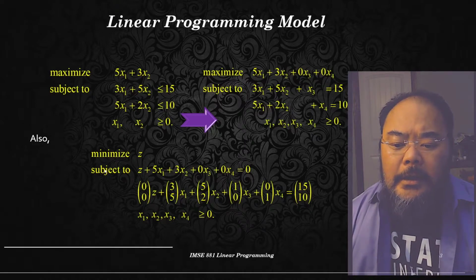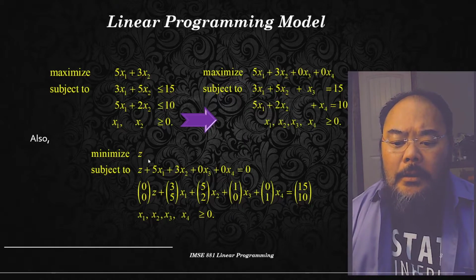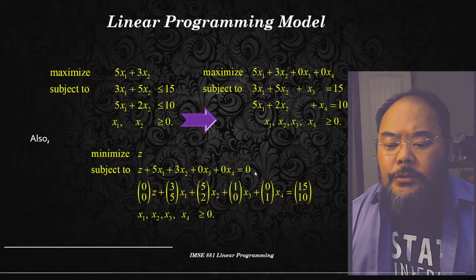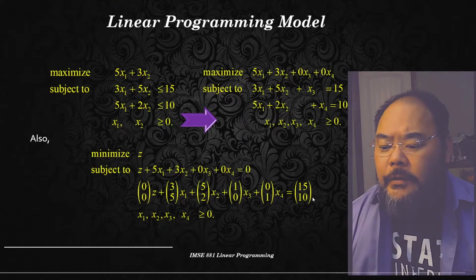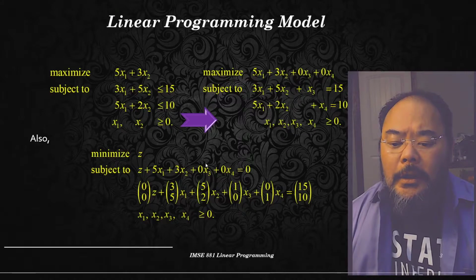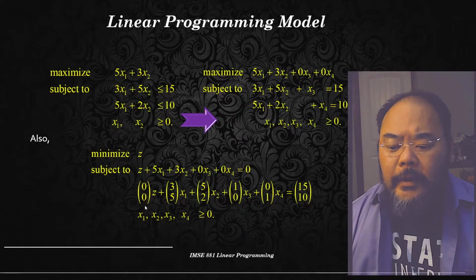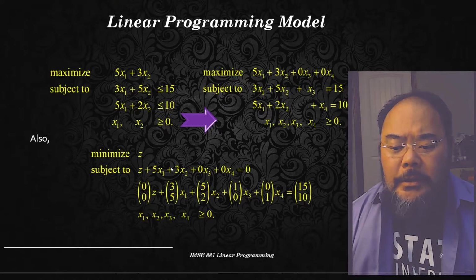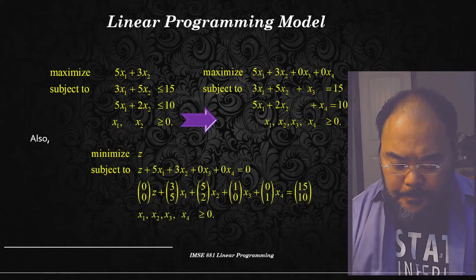We can easily move the original objective function into the constraints, and the rest is just the constraint matrix and vector format, with all the variables x1 through x4 non-negative. We can put this easily into a linear programming simplex tableau.